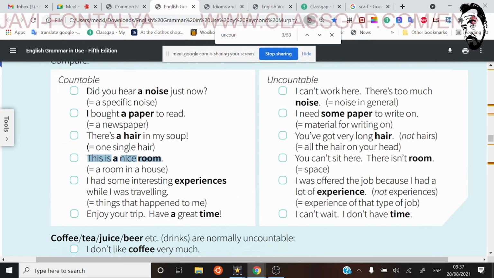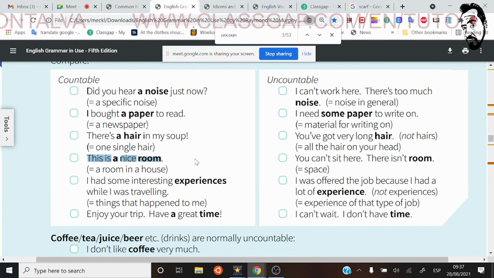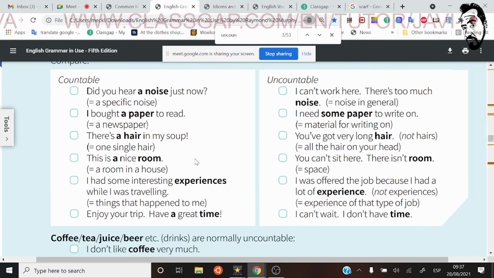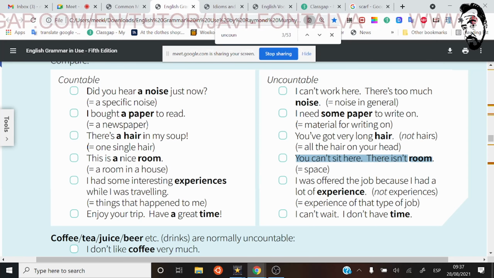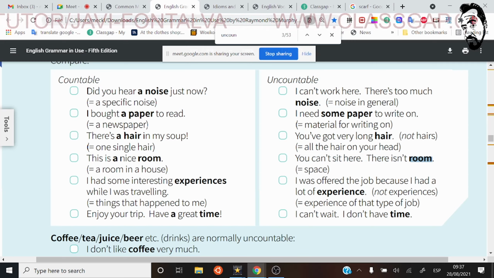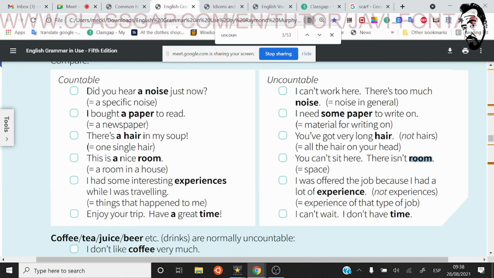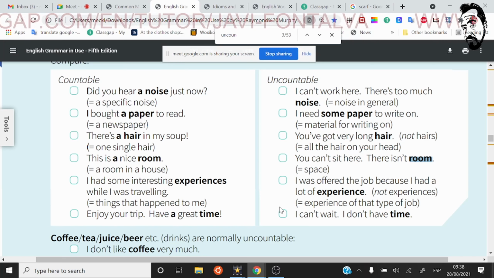Next one. This is a nice room. Okay. So, when we say a room, we mean the room of a house. Next one. You can sit here. There isn't room. Okay, if you talk about room, we mean space. So notice the difference between a room and room. They're different. Can I say there isn't space?